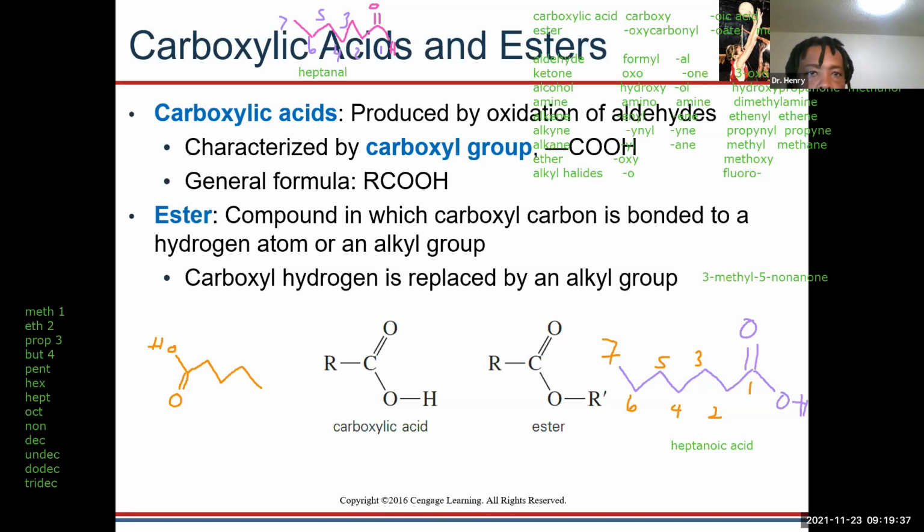Let's see. So count the carbon chain. That's 1, that's 2, that's 3, that's 4, that's 5. So that is correct. So we know that a 5 carbon chain is pentanoic.